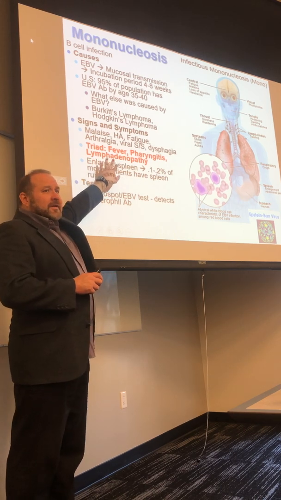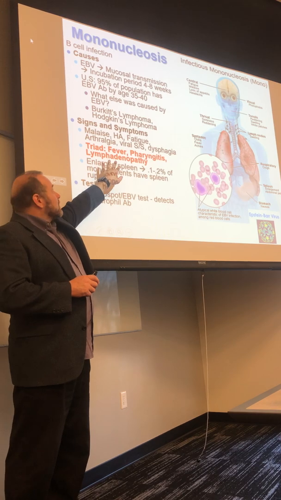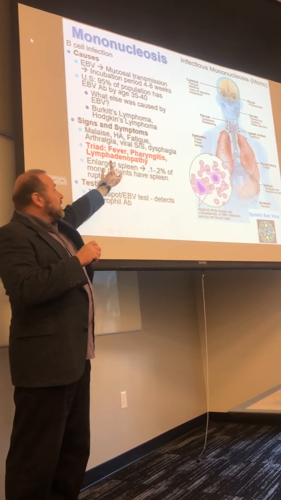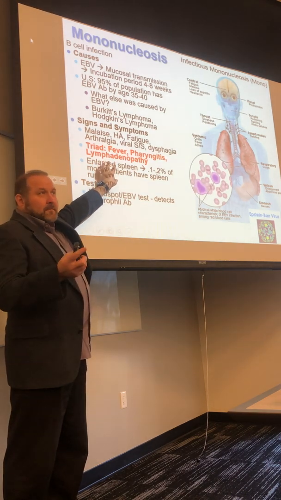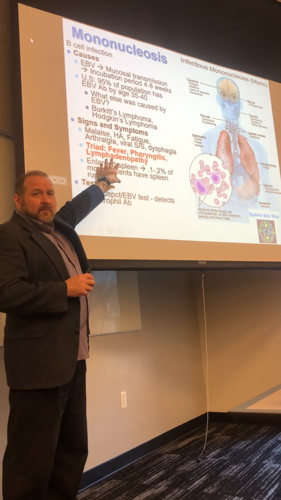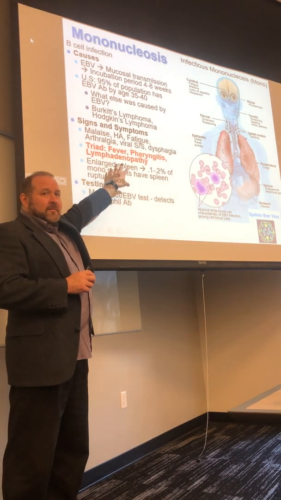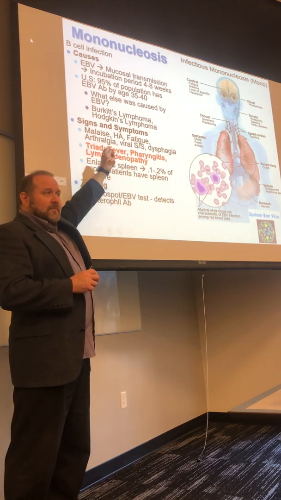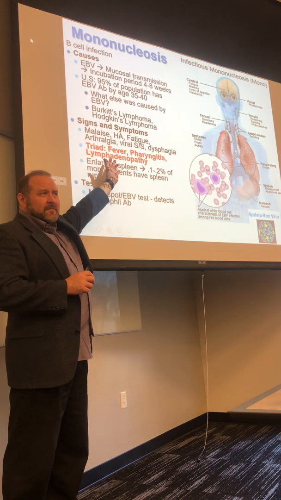Here's the thing, we know from strep that you're going to get fever, pharyngitis, lymphadenopathy. However, somebody somewhere decided this is a triad for mono, because even though you can get lymphadenopathy with strep, mono is more lymphadenopathy. Does that make sense?